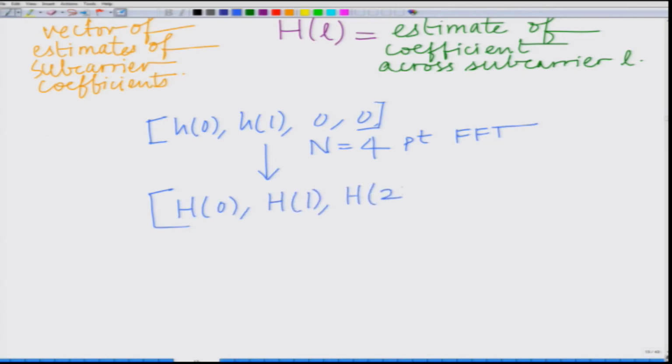So, you have h0, h1, h2, h3, and these are the channel taps.